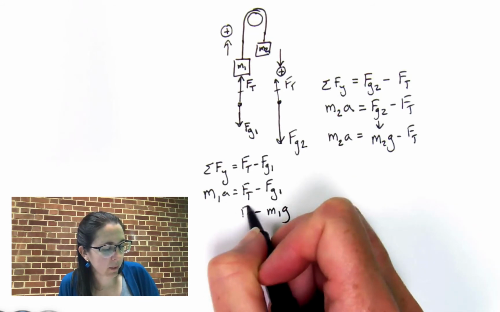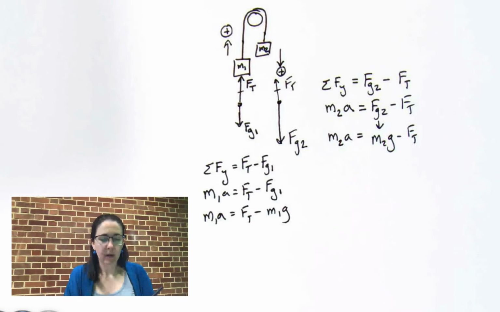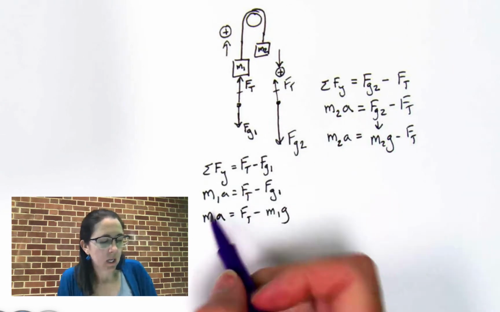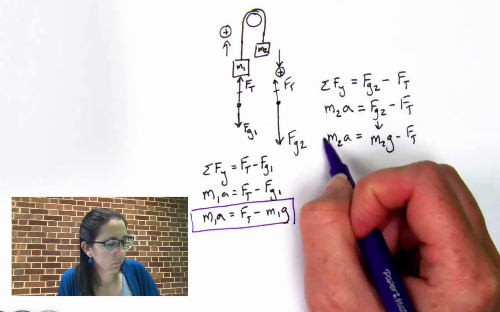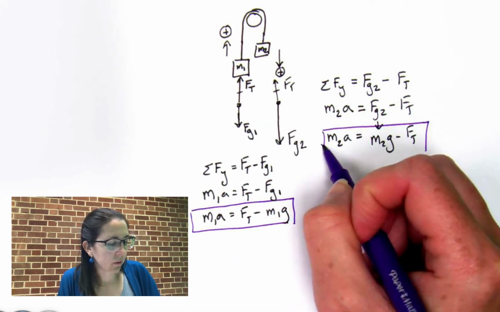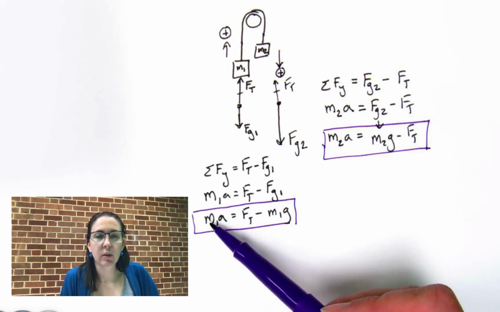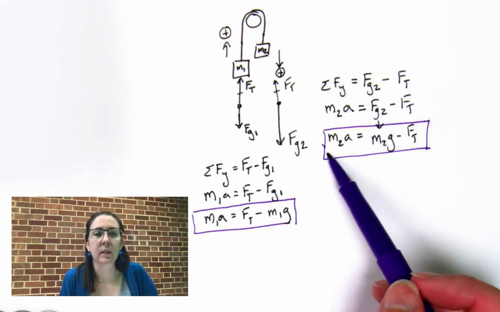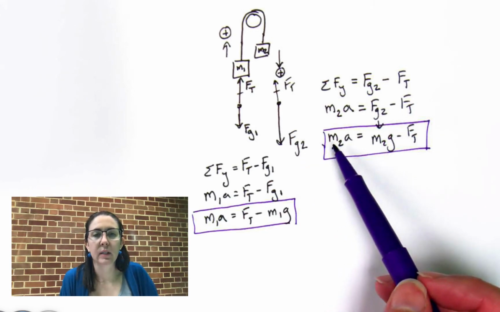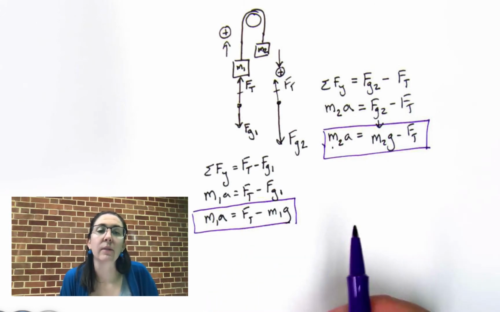Now at this point, we have a system of equations, these are my two equations. If the idea is to solve for acceleration, we can't just set these equal to each other. You might think we can set these equal to each other and find the tension, but you can't do that because this mass here is different than this mass here. So solving for the force of tension is a great first step.